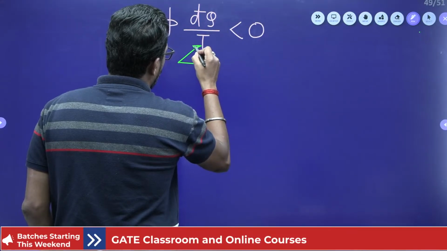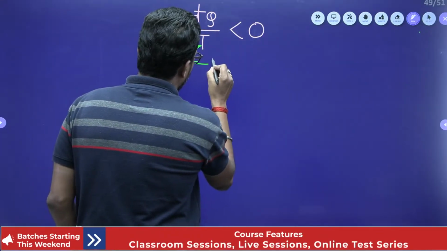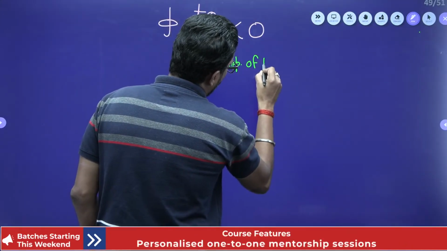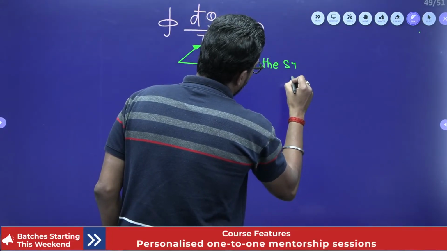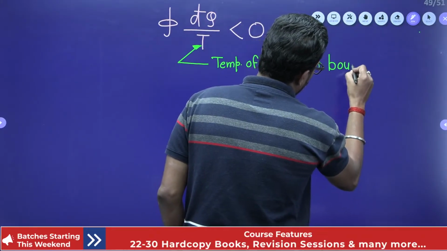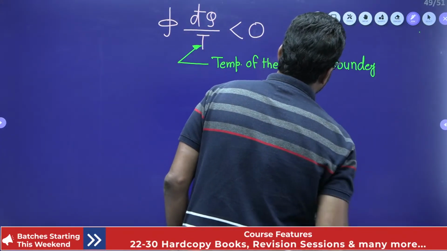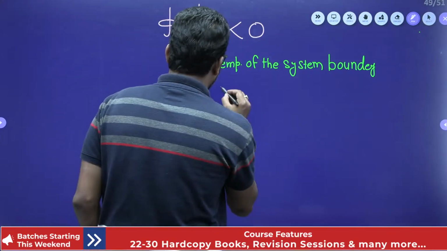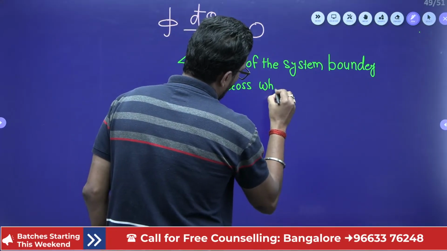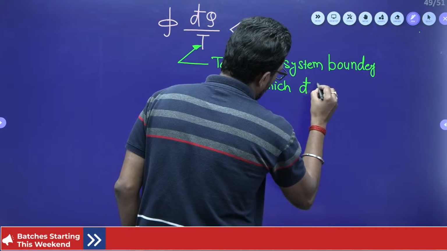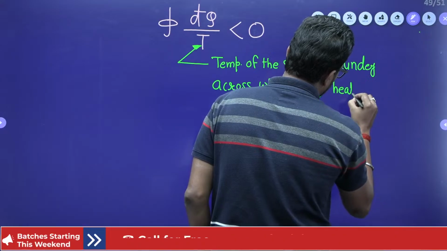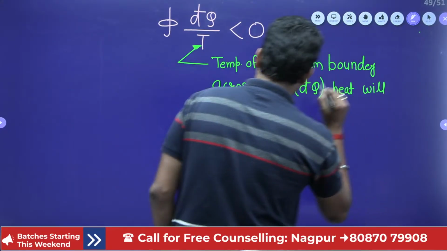This is the temperature of the system boundary across which dQ heat will transfer.